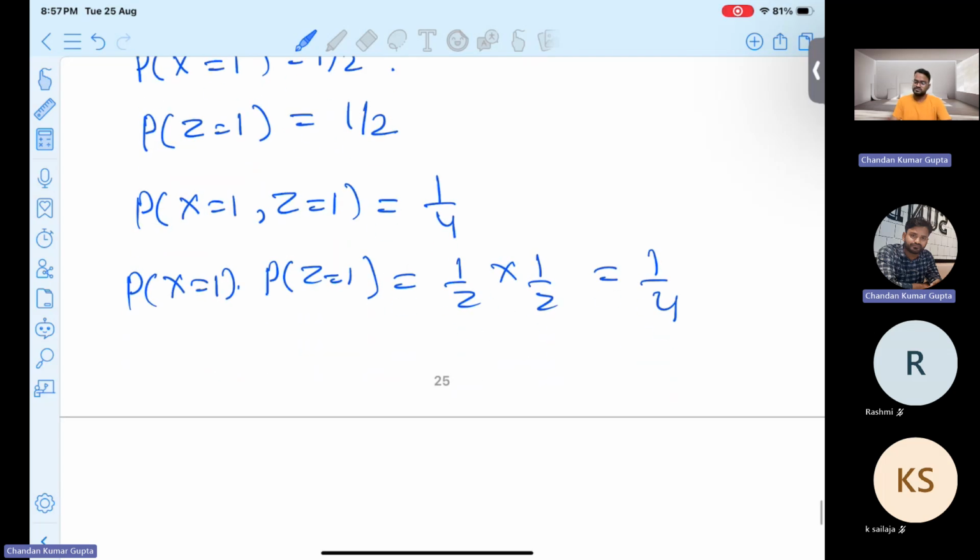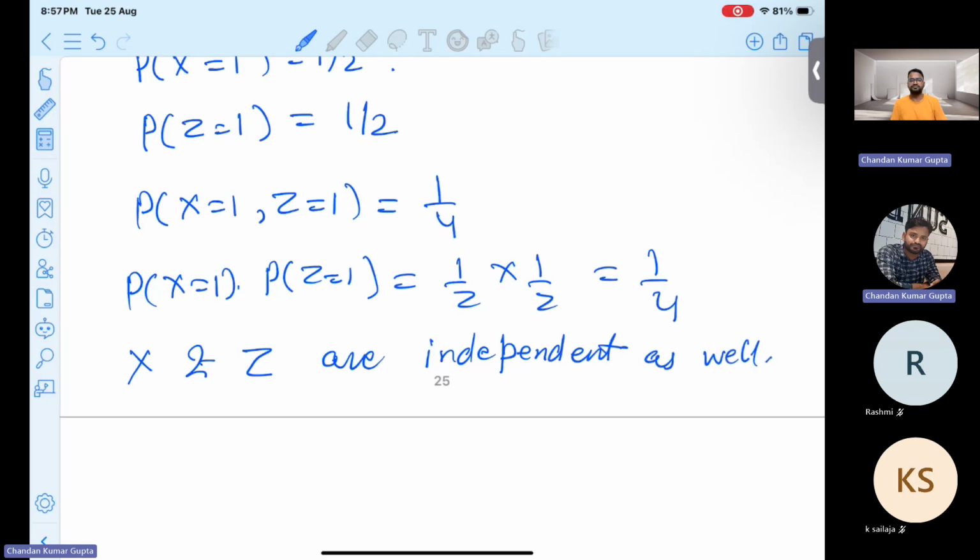So this implies x and z are independent as well. Simple. In the same manner, you can replace x with y. Please let me know if there is any confusion. In the same manner, we can replace with y and z.